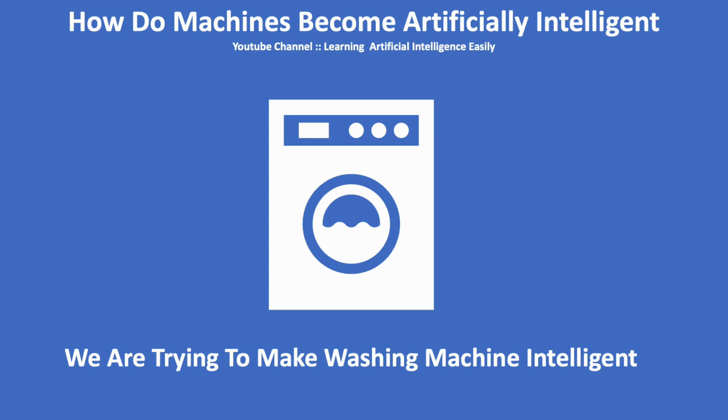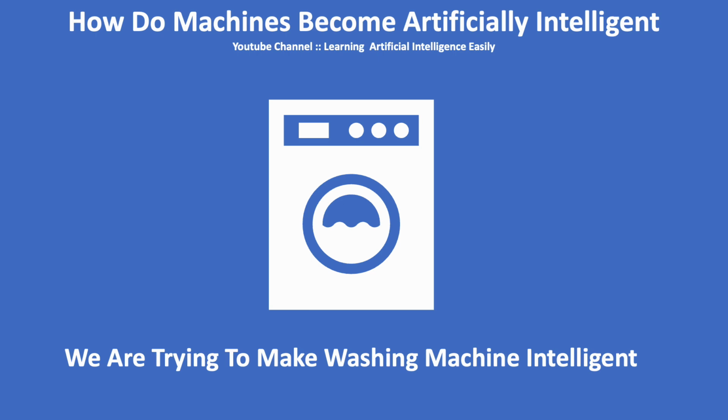My objective is to make the machine more and more intelligent, and my expectation now is that whenever the washing machine starts or ends the wash, it should send a notification to my device. So what I expect is a machine sending a message to a machine. In this case, two machines talk to each other or integrate with each other using the technology called the internet.